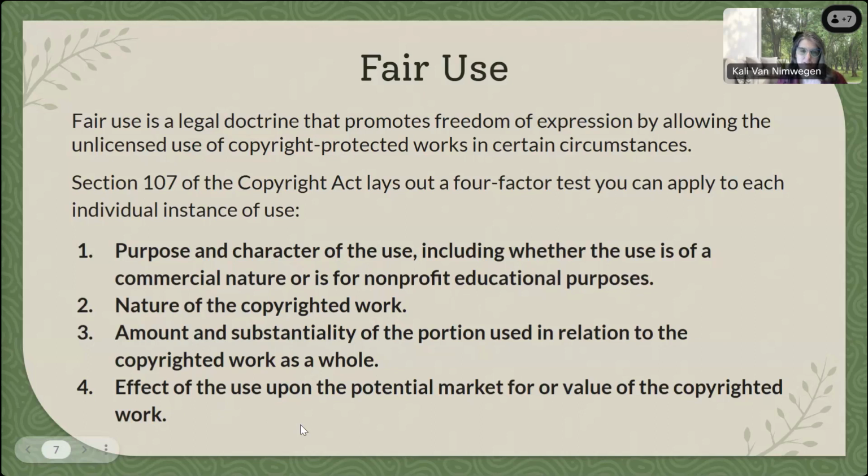And I see a question from Robin just came up in the chat about what about a scientific journal article? Okay, we've got 3 different things here. If you are accessing a scientific journal article through our databases and you're providing it to your students, that means the library has paid for access to that journal article.